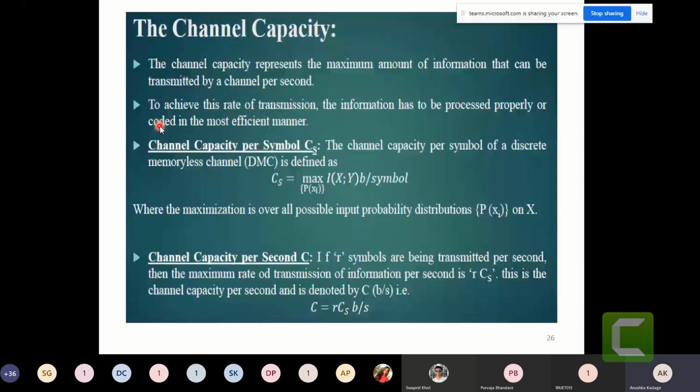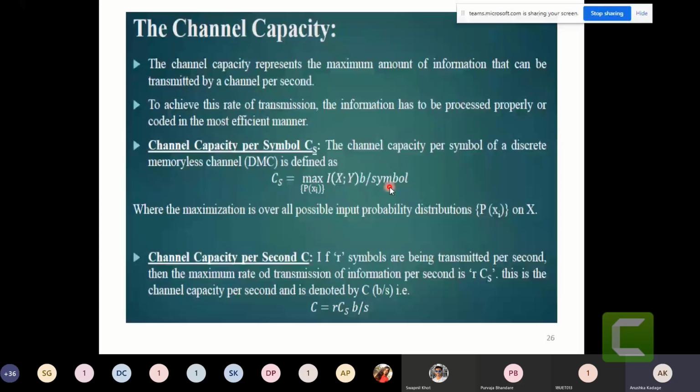And that's why the channel capacity can also be termed in terms of the number of bits transmitted per symbol, because based on that, the number of bits of information transmitted per second can be seen.